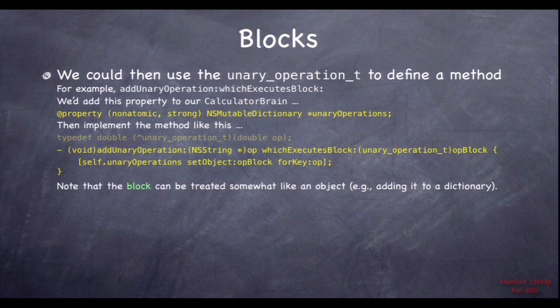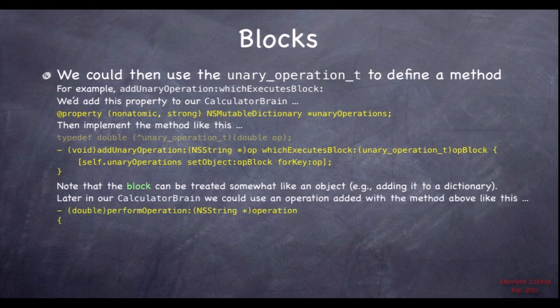You don't send them messages like you're used to sending to objects, but you can put them any place an id goes, like in an array or a dictionary or whatever. Okay? And with ARC, with the introduction of ARC in iOS 5, the memory management of this block, since it's not really an object, is managed by ARC. So you don't have to worry about it. When it's done being used, its heap space will get automatically freed up.